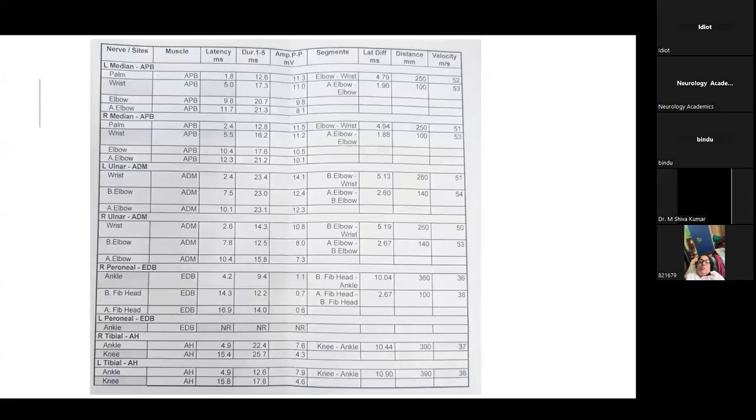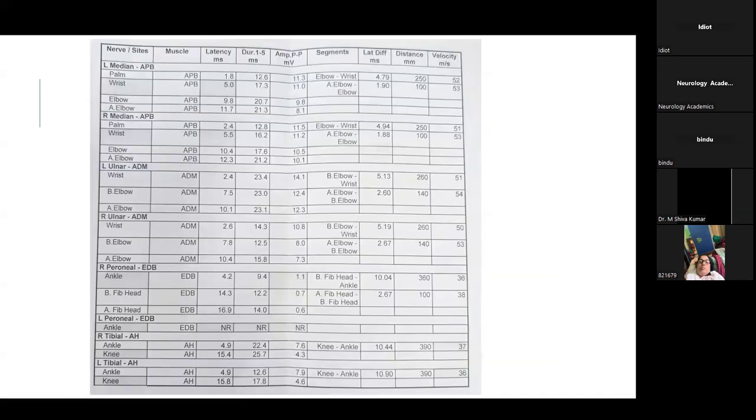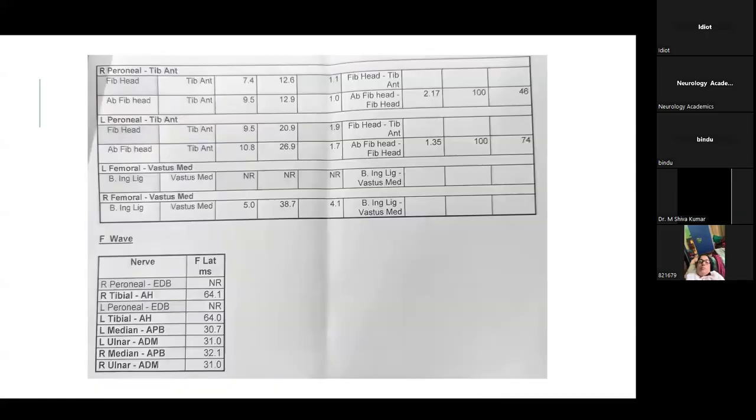Then in the lower limb there is involvement of both upper lumbar plexus as well as lower lumbar plexus nerves, with involvement of SNAPs and some asymmetry in the femoral. It is post-ganglionic disease because SNAPs are absent.